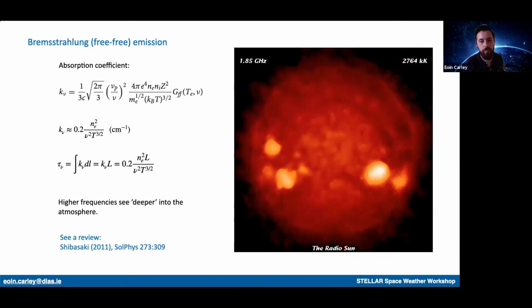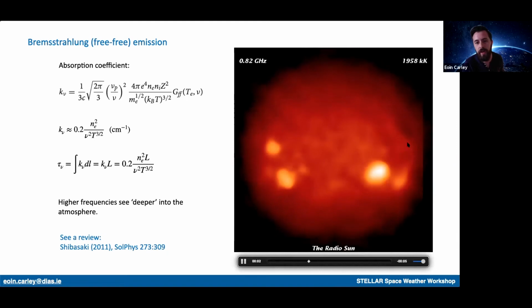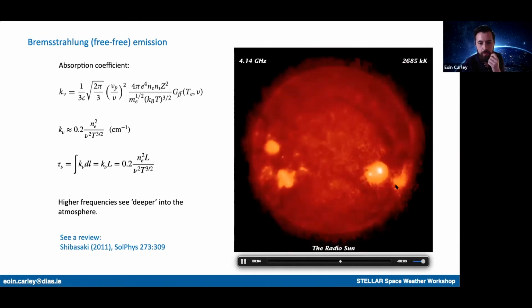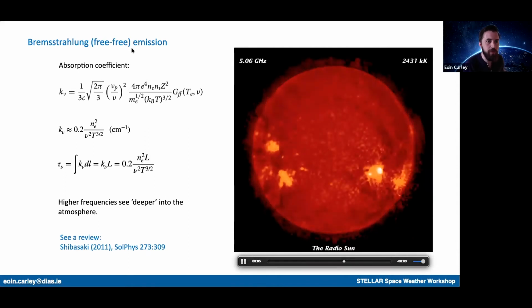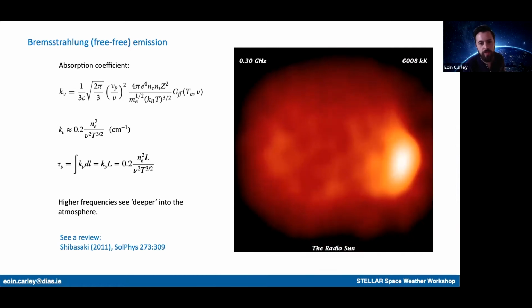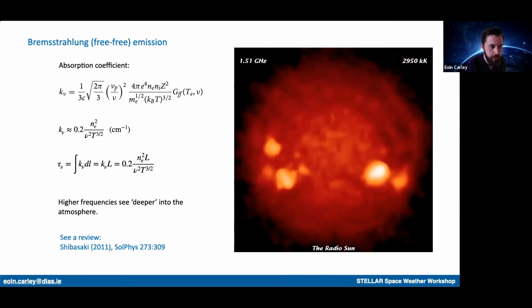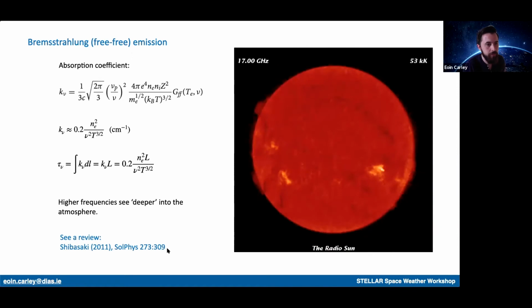We also have gyroresonance absorption, which I'll talk a little bit about, and that's probably the reason why this active region here is particularly bright: gyroresonance emission and absorption. For the most part, free-free emission is the emission you're seeing for the quiet sun, from corona to chromosphere. And there's a nice review of this in Shibasaki 2011.